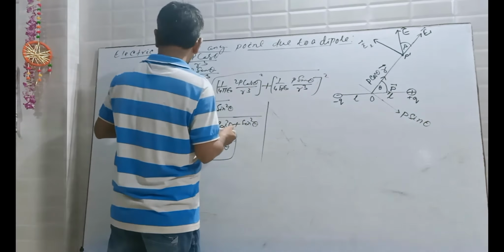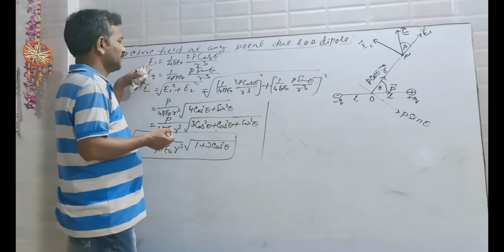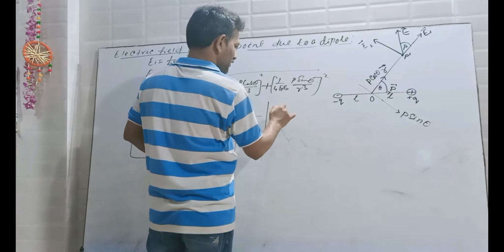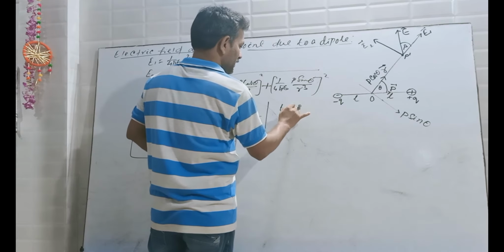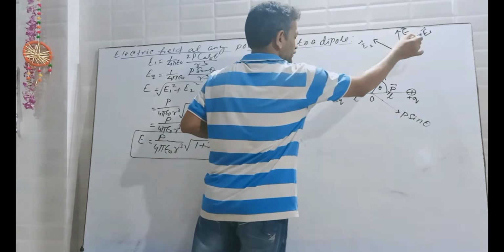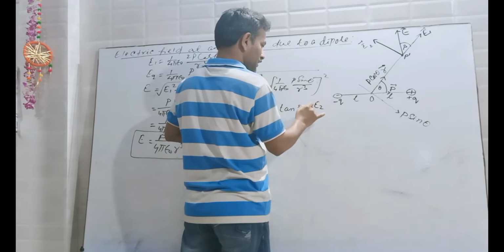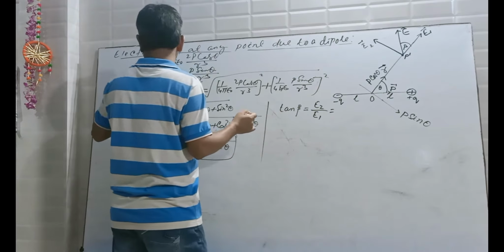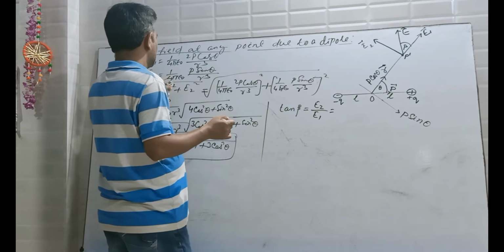You divide E1 and E2, or you take tan beta. What is tan beta? Tan beta is E2 by E1. What is E2?